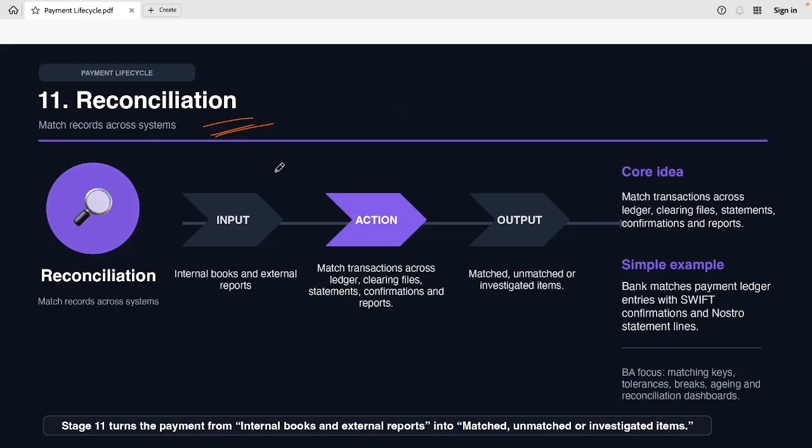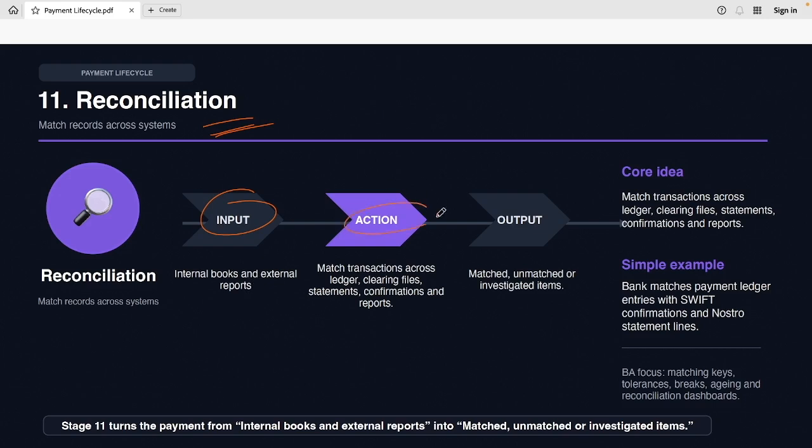So all these records, whatever is created, must be in sync. They must match with each other. So in this stage, the input basically includes the internal books and the external reports. External records may include your clearing files, network confirmation, settlement reports, bank statements, Nostro statements, right?